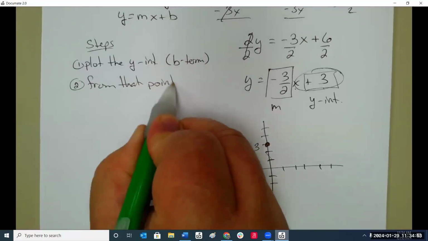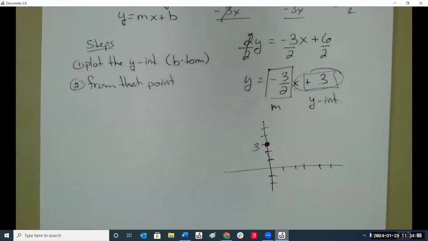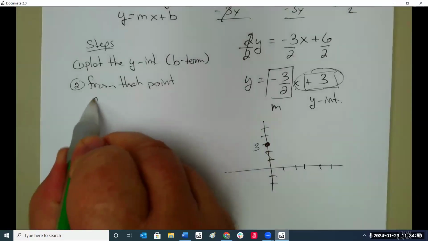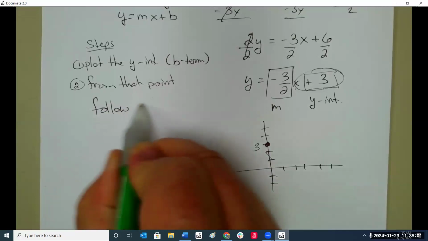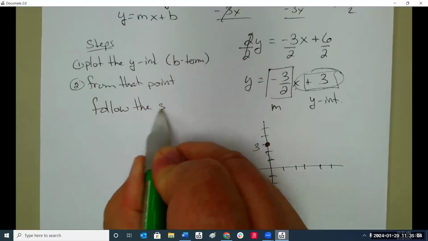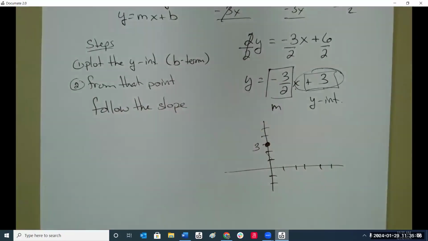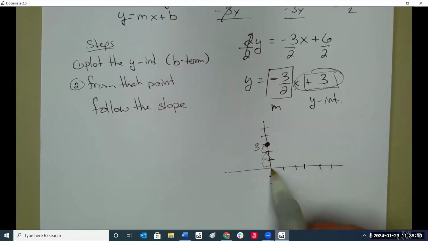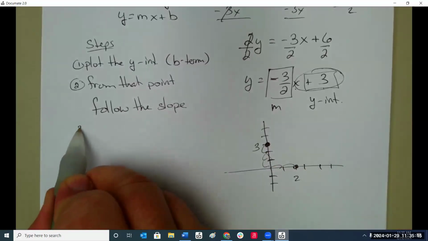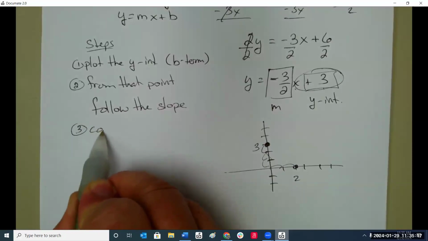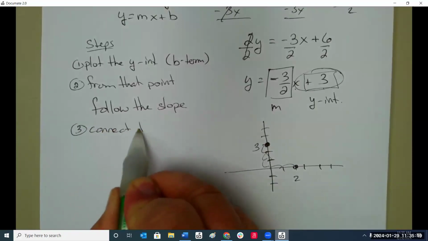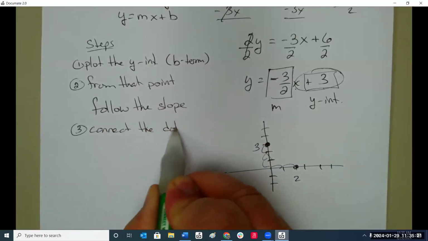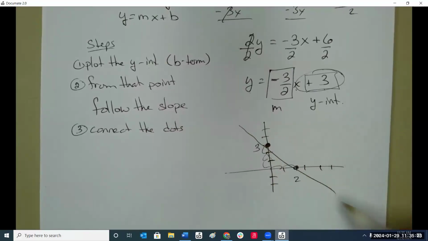From that point, follow the slope. The slope says go down 3 and over 2. Connect the dots. There's your graph.